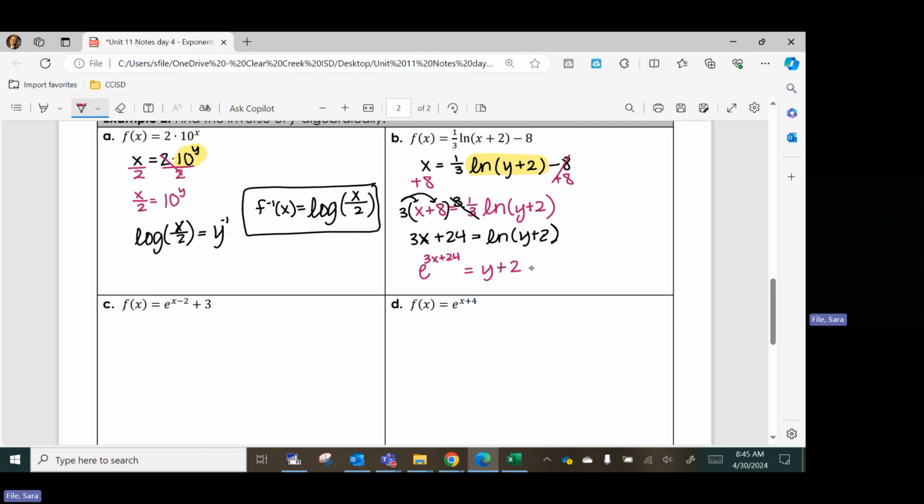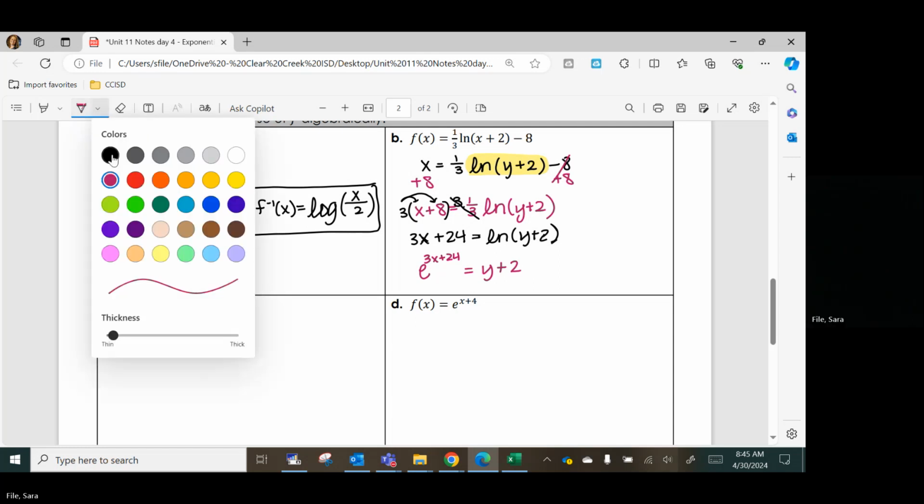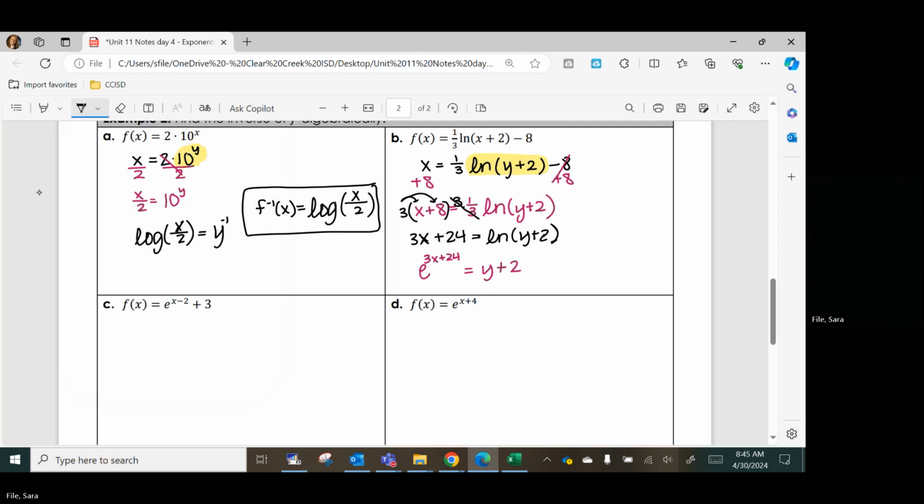Now I'm not done. I haven't solved for y yet. What do I still need to move? To get y by itself. Yeah, that plus 2 needs to get out of here. So I'm going to subtract 2. Now, when I subtract 2 over here, it is not in the exponent with that 3x plus 24. So I am not doing 24 minus 2.